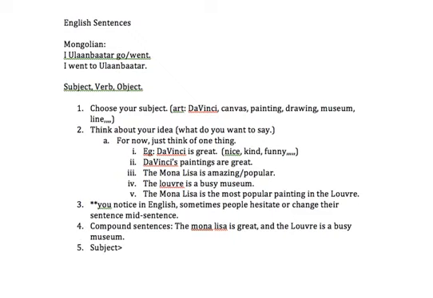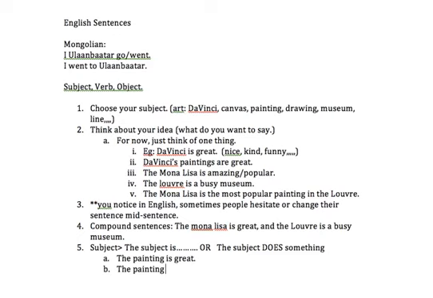Okay, a word on the subject. This is another part of where you start. The subject is something, or the subject does something. So the painting is great, or the painting makes. What does the painting make? It makes me cry.